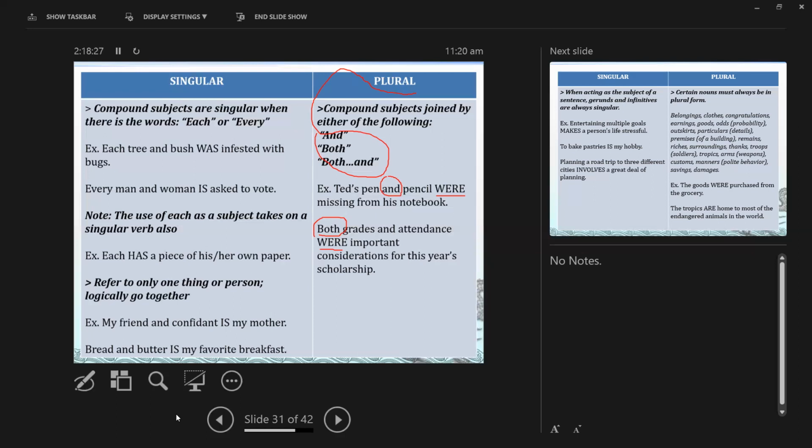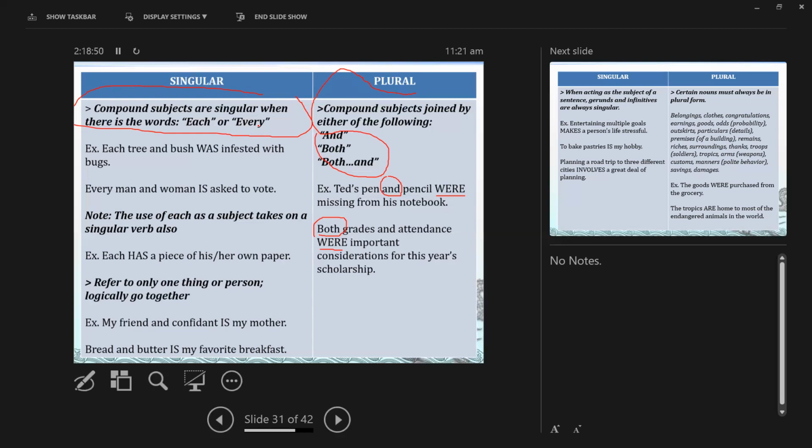Okay, let me give my examples first. So, dun muna tayo sa compound subjects are singular when there is the words each or every. Yun muna yung example na bibigay. Each member of the faculty is exceptional.